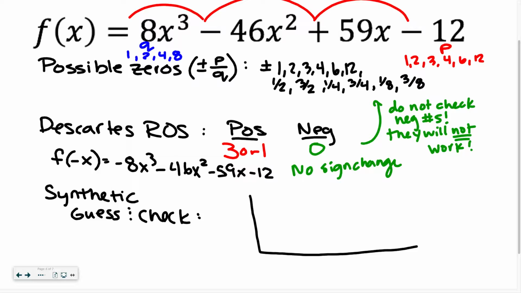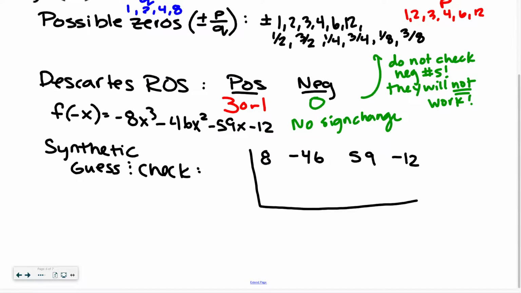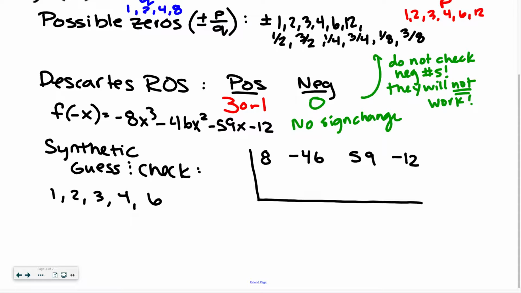I'm not missing any terms, so I can just drop in my coefficients. Okay.